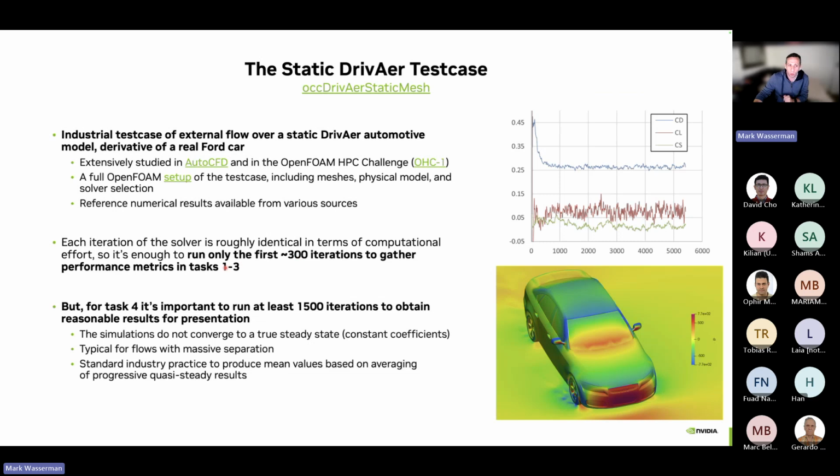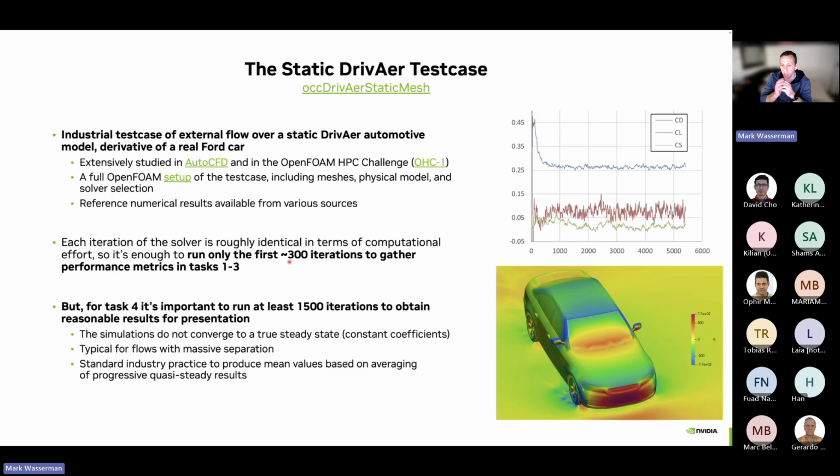So for tasks 1 to 3 in this SCC OpenFOAM task, we ask you to use only 300 iterations because these tasks only measure performance. And since each iteration is identical in terms of the computational effort that it requires, it's enough to only do several hundred iterations.